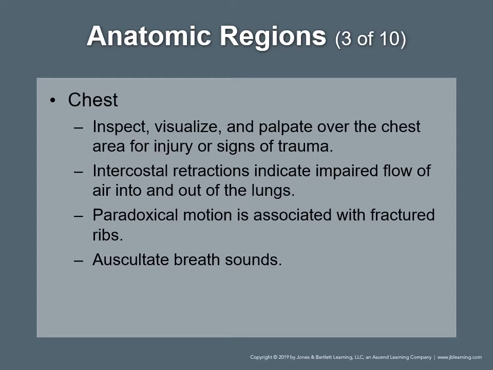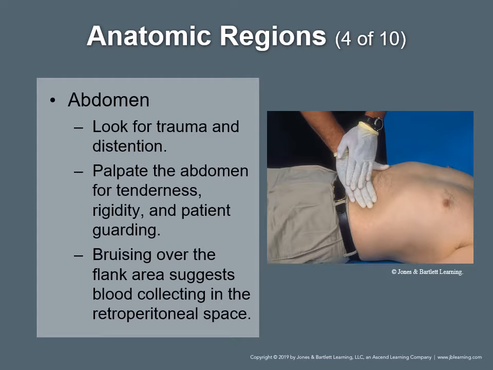Okay, we're just reviewing the inspection and palpation of the chest, looking for intercostal retractions, paradoxical motion, auscultating those breath sounds, looking for ecchymosis, DCAP-BTLS, all of those, crepitus, grating sounds from the bones. The abdomen, we're going to palpate all four quadrants, palpating for rigidity, looking for distension.